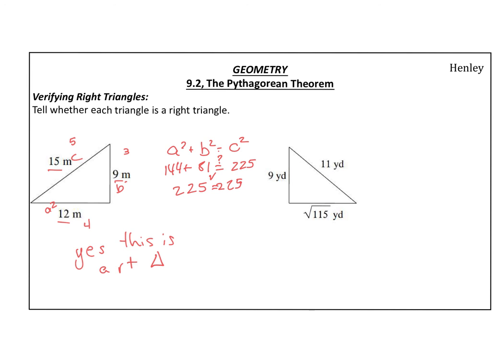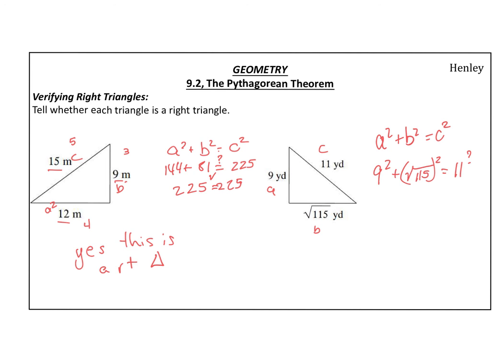Now, let's look at the second one. We have 9, this is going to be A, this is going to be B, and this is going to be C. We have 9 for A squared, and we have the square root of 115 squared. So 9 squared plus the square root of 115 squared equals 11 squared.